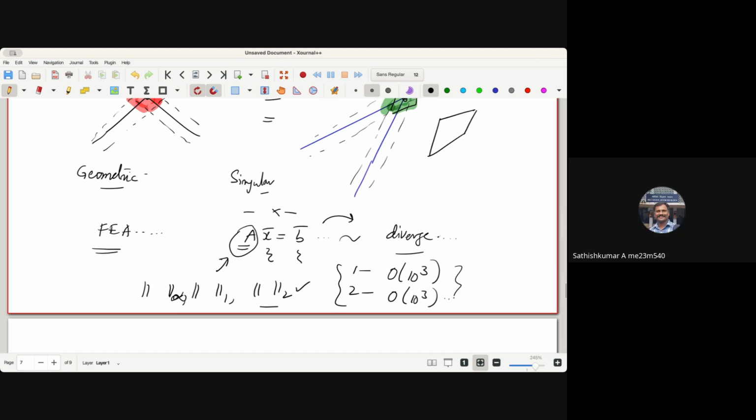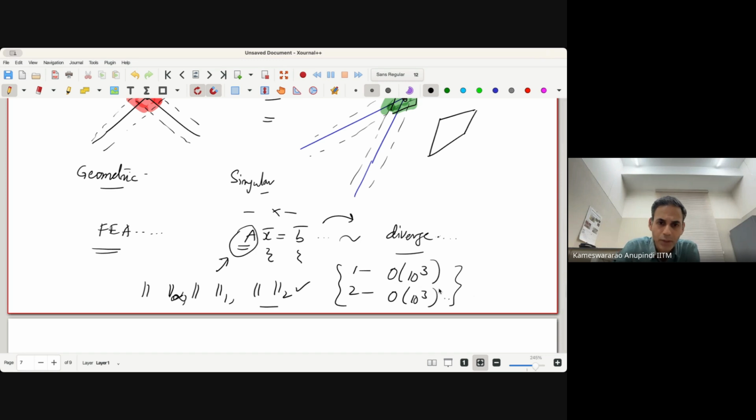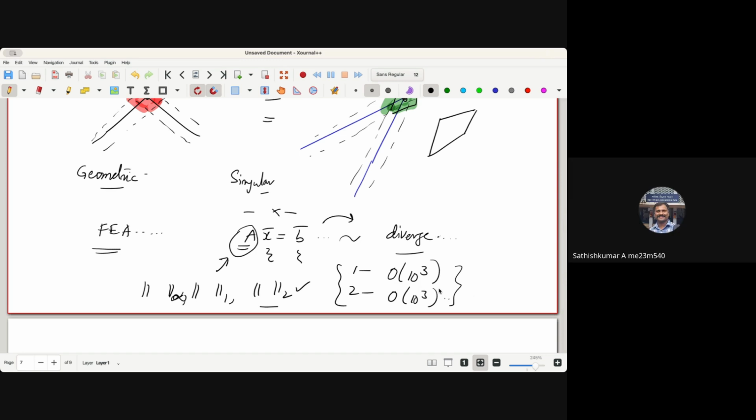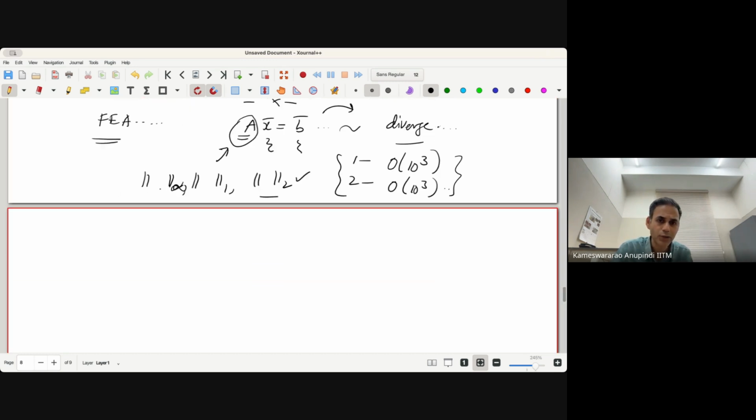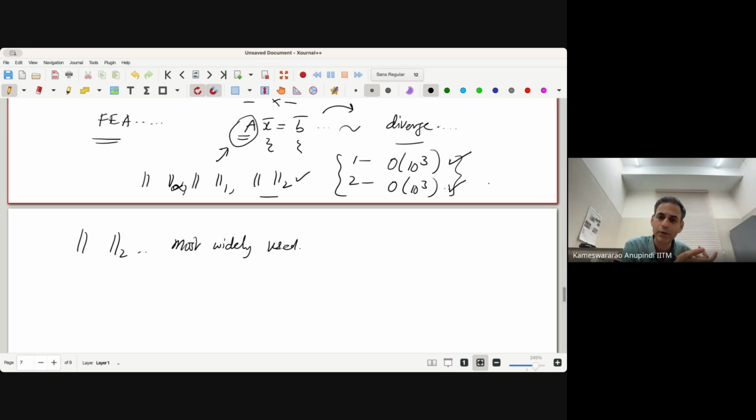Sorry, there was a network issue. Can you please repeat? All I'm saying is that there is no hard and fast rule that a particular norm should be picked. The two norm is the most widely used. But all the norms are going to give you the same ballpark. For example, if the one norm gives you a condition number of the order of 10 power 3, the two norm will also give you order 10 power 3.